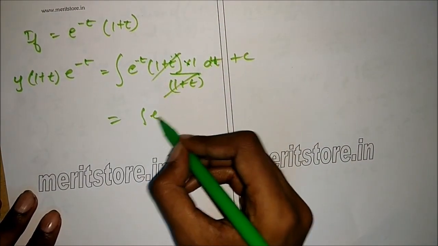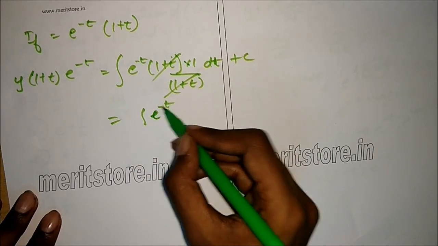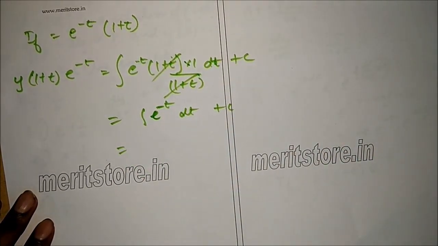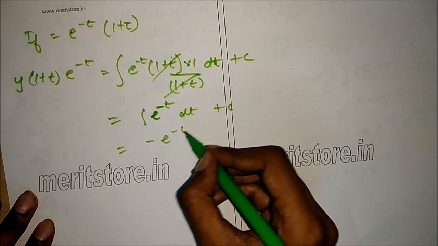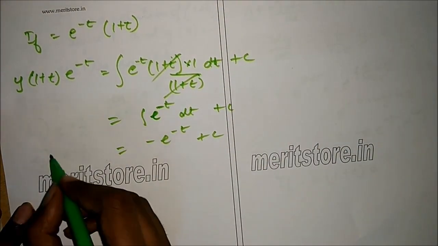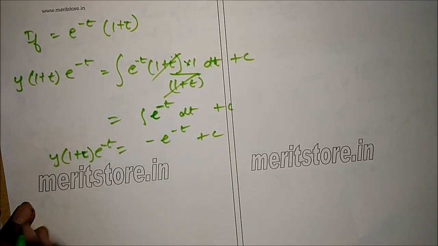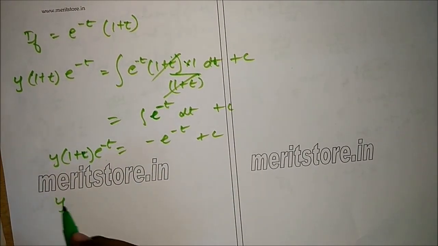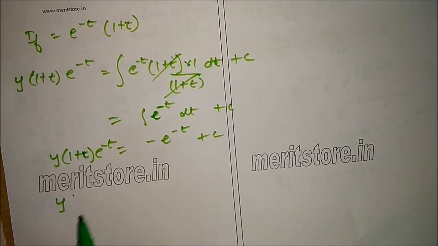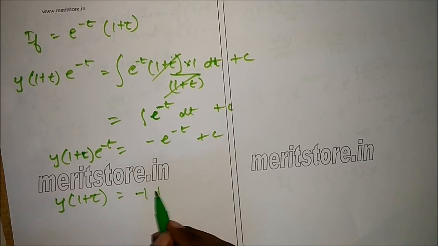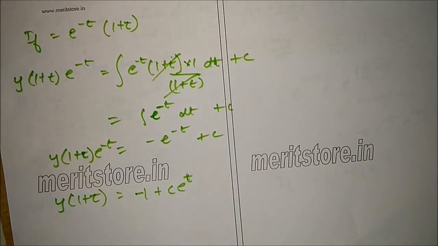So this will be integration of minus e raised to minus t dt plus c. So integration of e raised to minus t is minus of e raised to minus t plus c, and this will be y into 1 plus t into e raised to minus t. So dividing throughout by e raised to minus t, we get y into 1 plus t equals minus 1 plus c e raised to t.